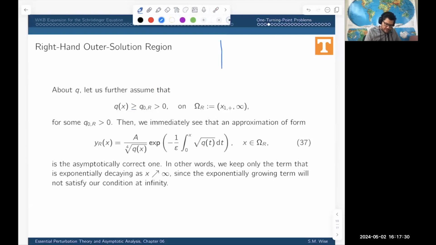So in that right-hand outer solution region, we know that Q is going to be positive. We're going to assume a little bit more, as I said.